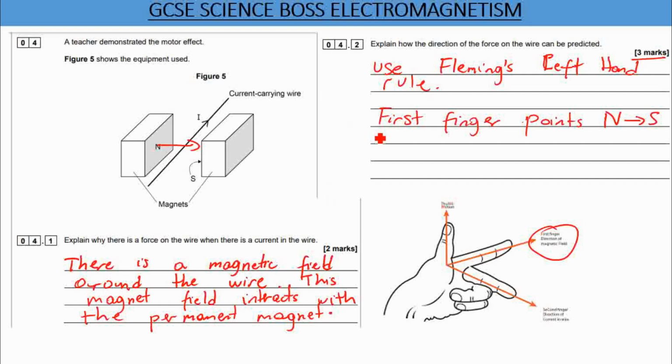Your second finger is going to be your current, so that's going to be going in. Second finger, that's the current. So it's going to go in, which means therefore that the thumb, the motion, is going to be downwards.